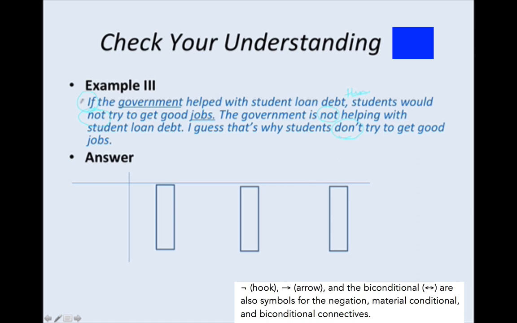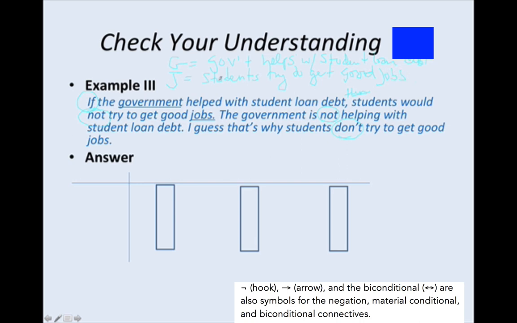Now let's try and identify each of the simple statements. Let's use G for the government helps with student loan debt. Let's use J for students try to get good jobs.